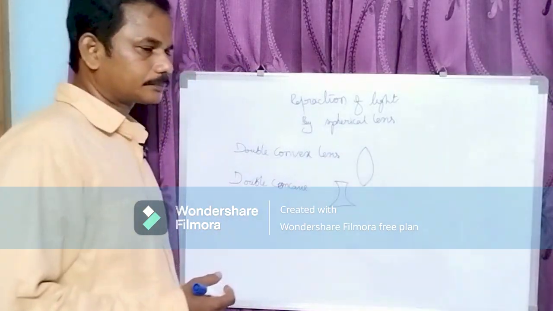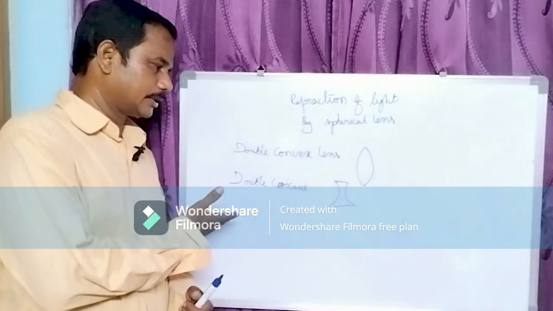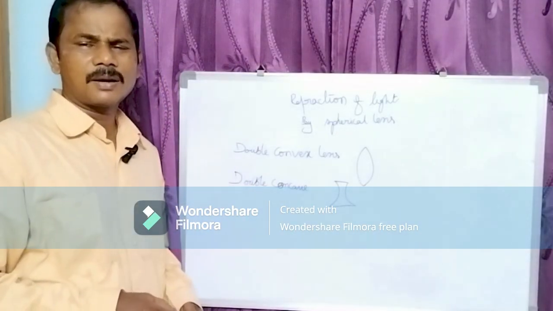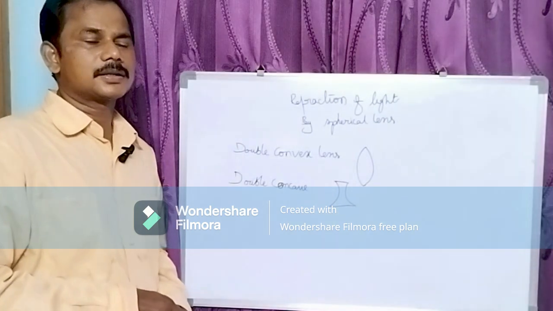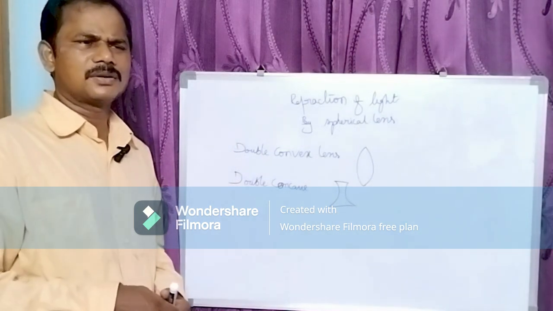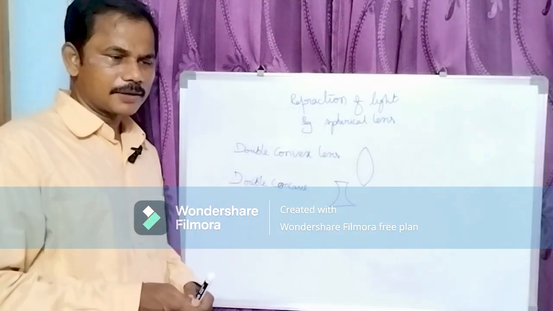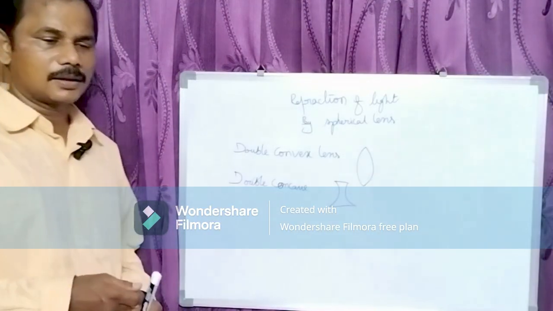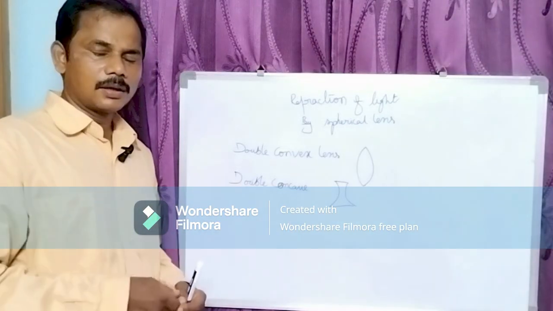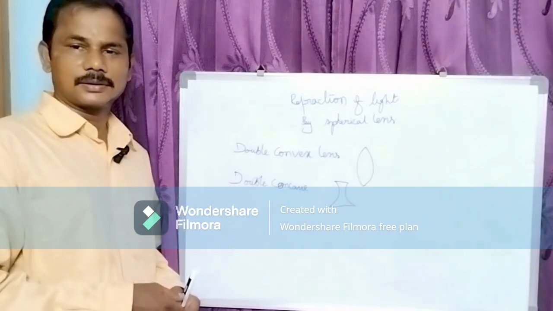Now, a simple example for the convex lens and concave lens that we come across in daily life. In childhood, every person, if you hold a magnifying lens in the sunlight and focus the sunlight on a paper, it will burn, right?